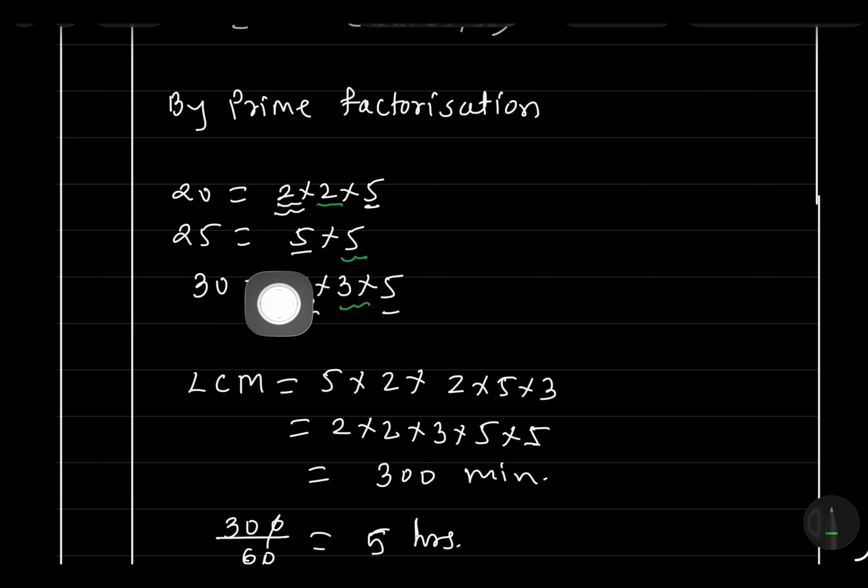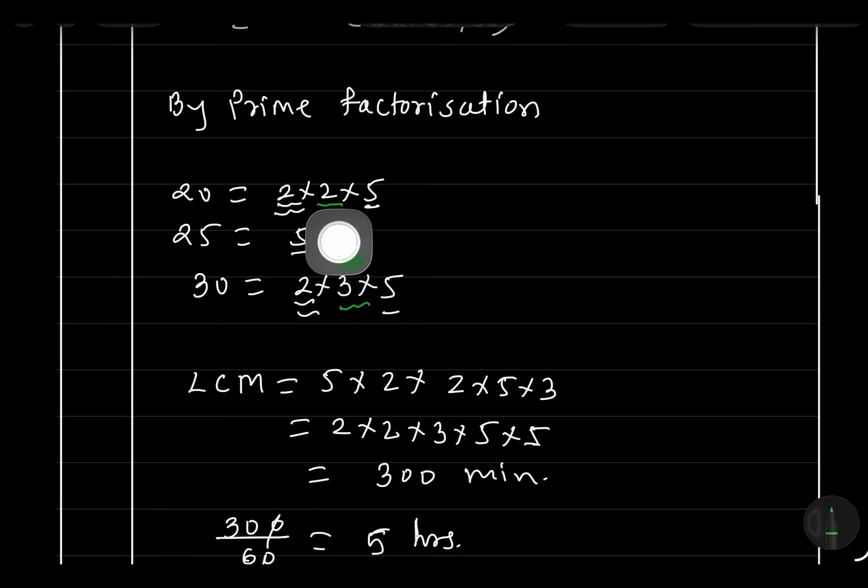See, here 2 is common and here 2 is common. Then 5 and 5 is common, here also 5 is common. So for the LCM we first take the common. The double underline is given for 2 and 2, so this 2 is coming again. And the green color means the remaining one.